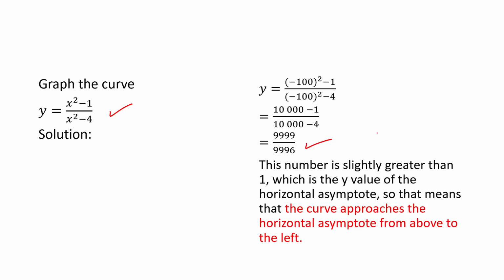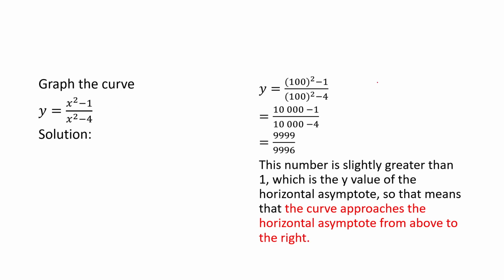What that tells me is that to the far left, the y value is a little bit greater than 1. In other words, it's above the horizontal asymptote. And that tells me that we're going to be approaching the horizontal asymptote from above to the left.